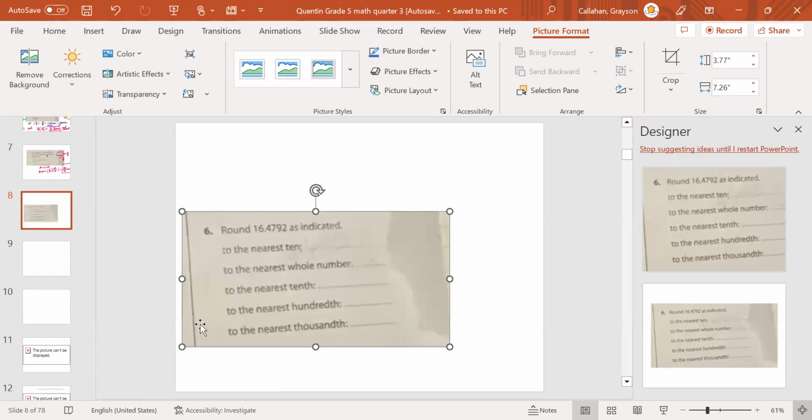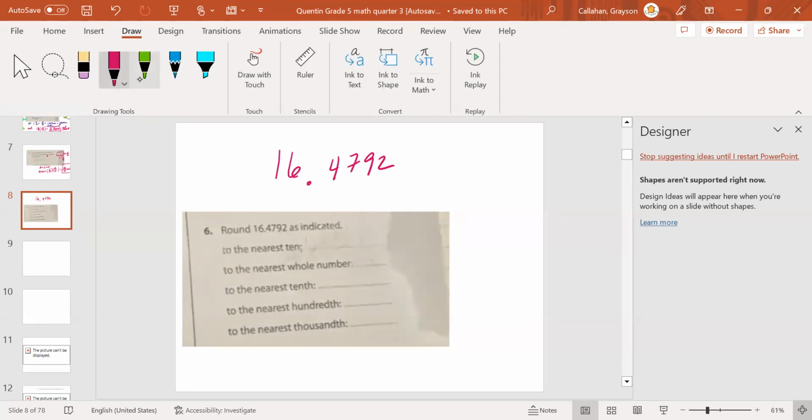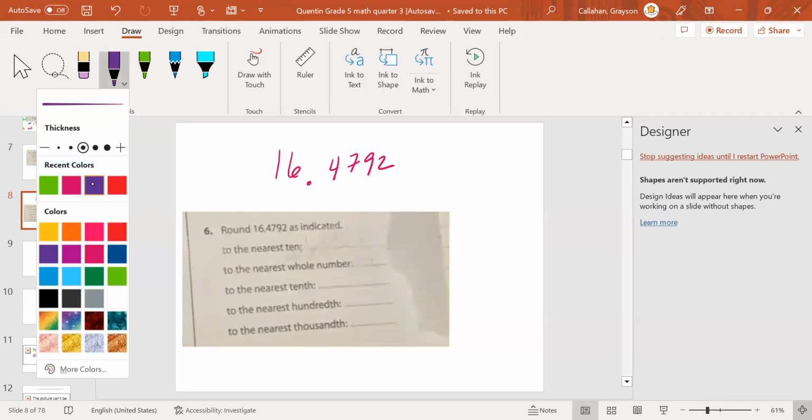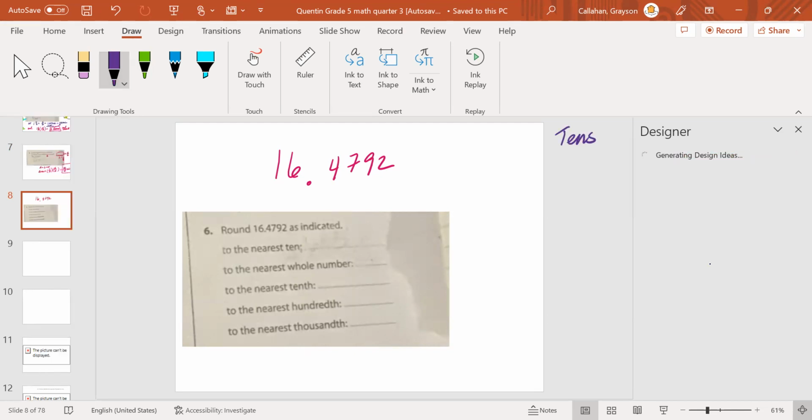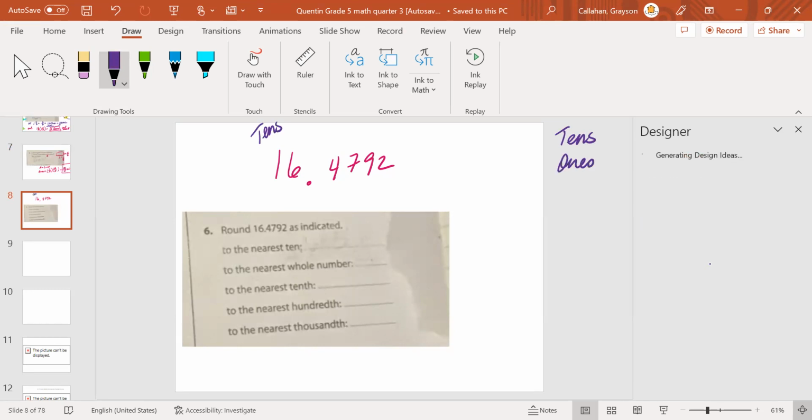Okay, so you have, is a 1/6 is a decimal? Oh, it's a decimal. 4, 7, 9, 2. I like to label everything first. Can we label everything first together? Okay. Which one is the tens place? Which one is the ones?